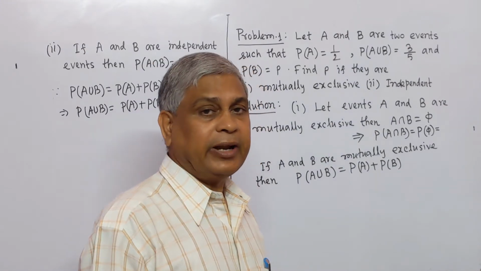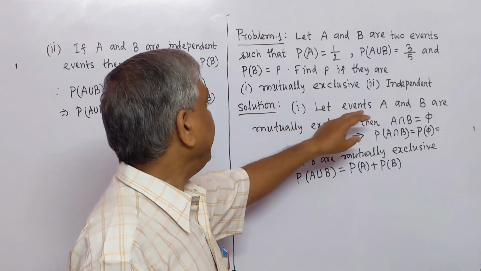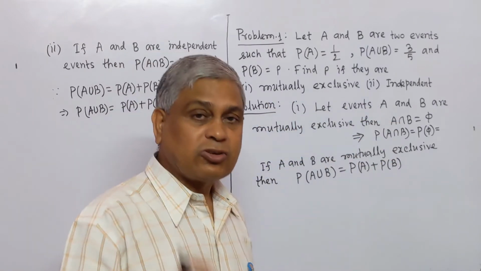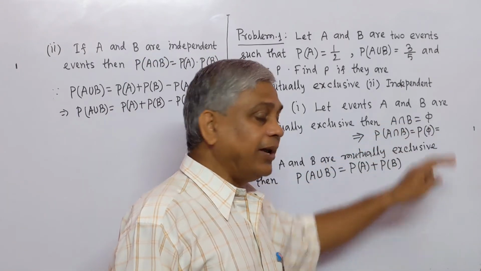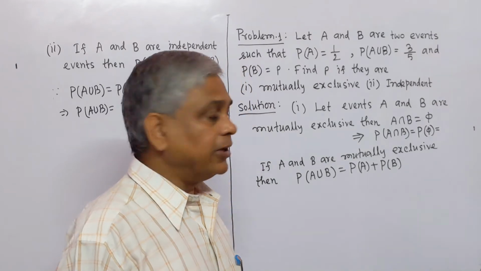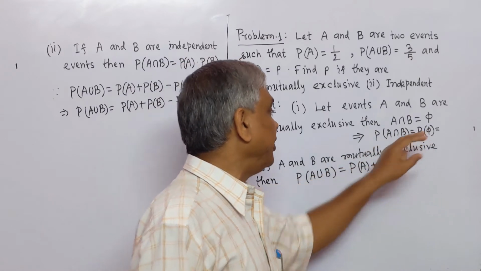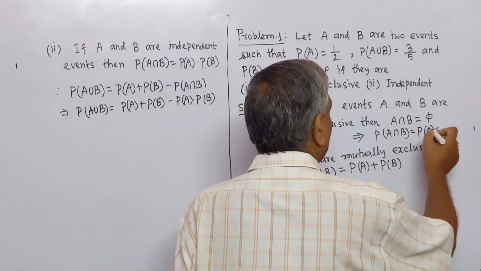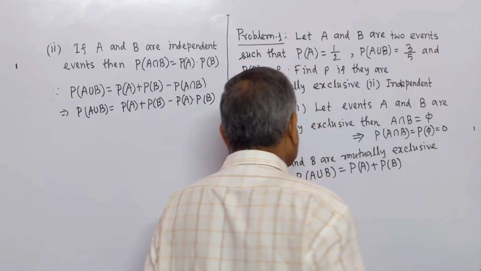Now we solve number 1. In number 1, we see that A and B are mutually exclusive. Then A intersect B equals the null set, empty set, which implies that probability of A intersect B equals probability of the null set, which is 0.